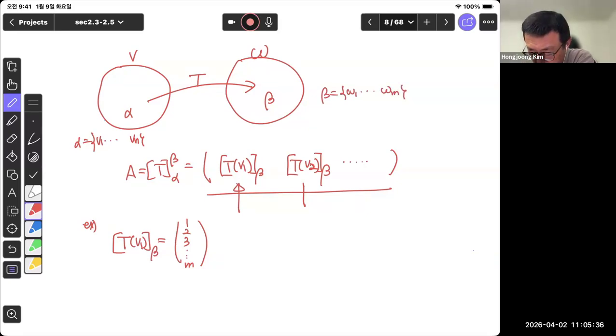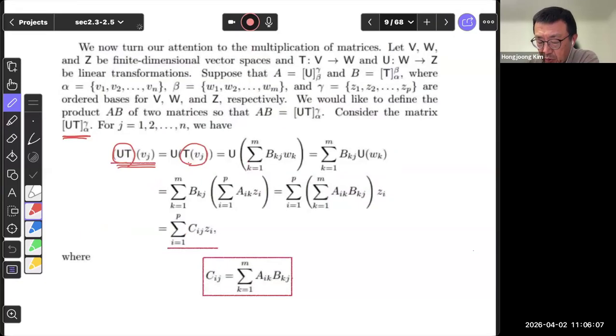That means T of V1 will be 1 times W1 plus 2 times W2 up to m times Wm, because these 1, 2 up to m are the coefficients, the coordinates of the image vector with respect to the beta basis. So in order to construct T of V1, I need to consider this linear combination with the basis vectors, right? So to find the T of Vj, I need to extract the coefficients.